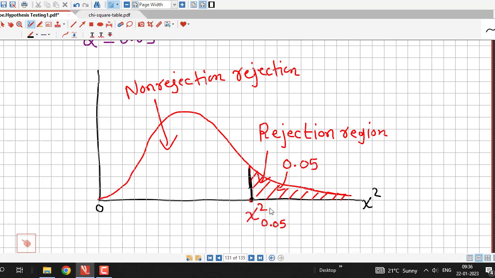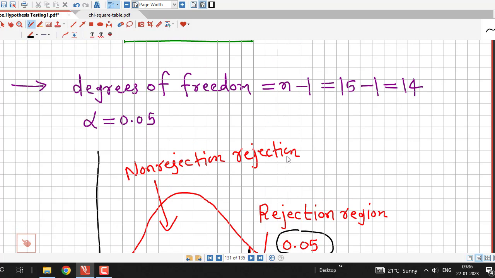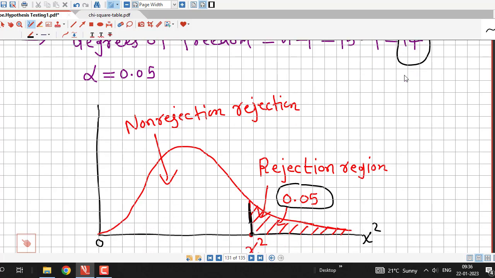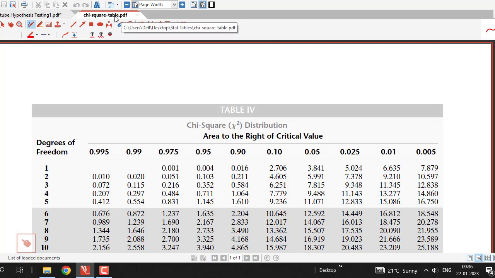So to find out this critical value, we will use chi-square table with area to the right of this point as 0.05, that is alpha equal to 0.05, and degrees of freedom equal to 14. So now we are searching for chi-square value corresponding to 14 degrees of freedom and 0.05 area in the chi-square table.